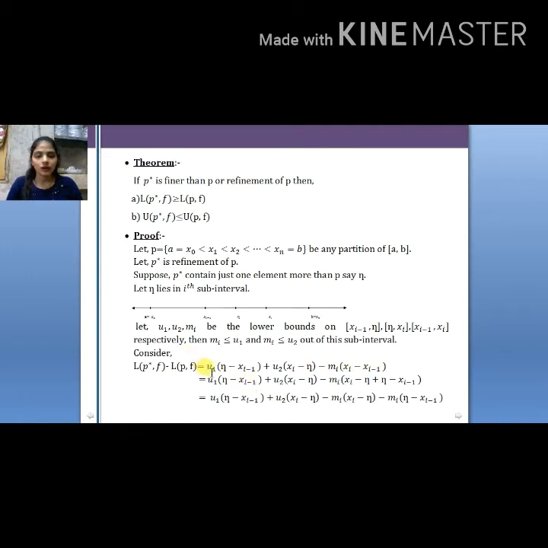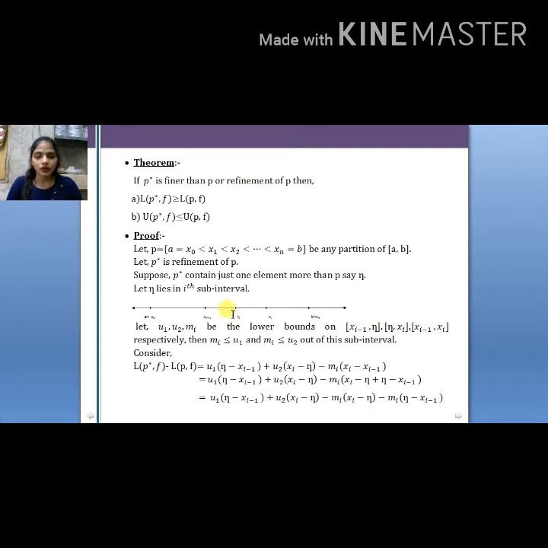That means a lower bound of that interval, that is u1, into the length of that interval, plus u2, the lower bound of that interval, into the length of that interval, because LP star f means the lower Riemann sum of f(x) with respect to the partition p star. This is our partition p star, in which one more element is contained, that is eta.